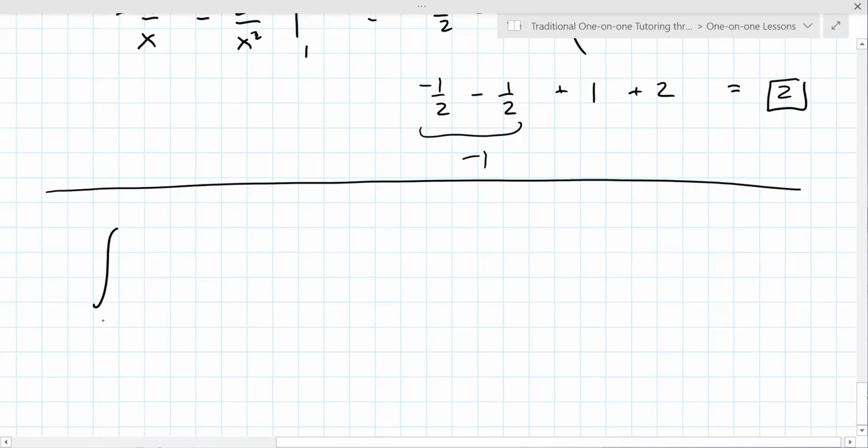Let's go from 1 to 2 again. Actually go 1 to 4. Square root of x minus 1 over x squared dx.